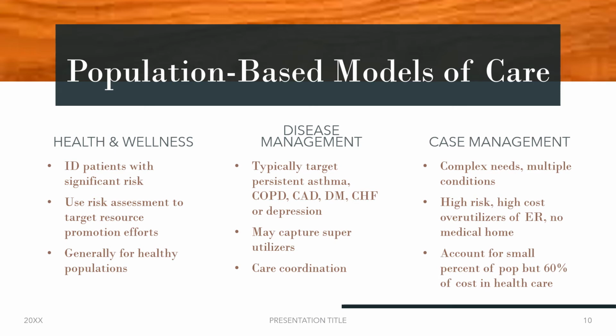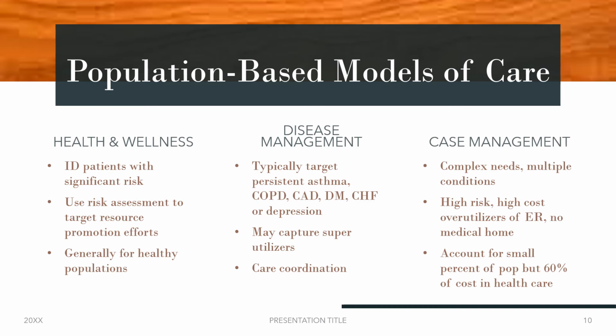So because so many of these chronic diseases are co-occurring, it helps to have dedicated resources and optimization of care coordination across those providers that may serve one patient with multiple issues.